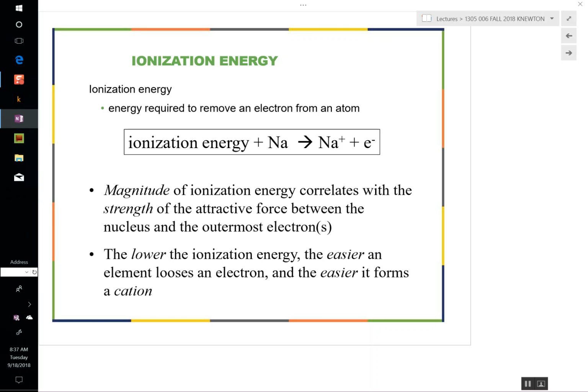So we're writing it here, energy plus a sodium atom is going to yield a sodium ion and an electron. That is a sodium ion. So ionization energy is the energy needed to convert it into an ion. How much energy does it take to convert it into an ion? That's ionization energy. So if the ionization energy is lower, it's easier to remove the electron. If the ionization energy is very high, it's hard to remove an electron.